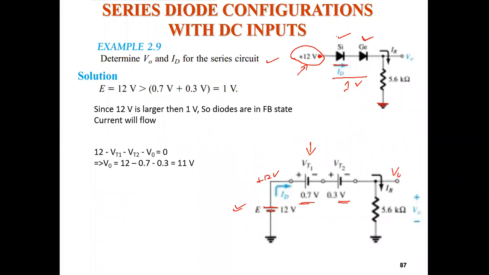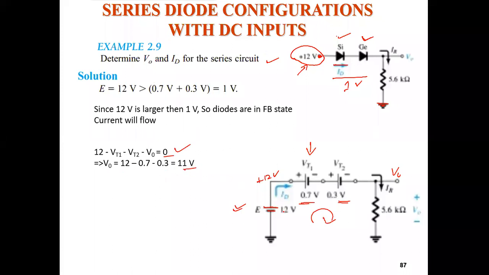You can apply KVL. If you write the KVL, it is 12 minus 0.7 minus 0.3 minus V0 equal to 0, which implies V0 will come as 11 volt.